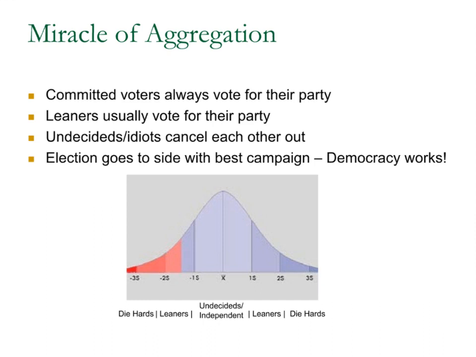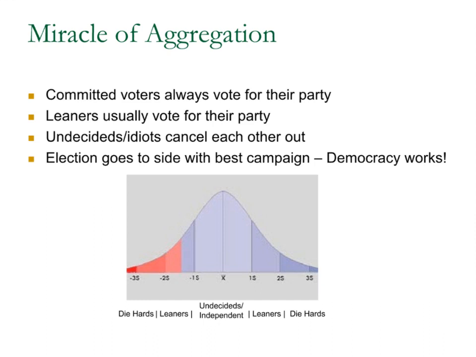Which means, because of the miracle of aggregation, each individual voter may not be able to give you a coherent reason why they're voting, but when you add all those voters together, you aggregate the outcome, the undecideds cancel each other out, the idiots cancel each other out, and the best campaign wins, which means democracy works.